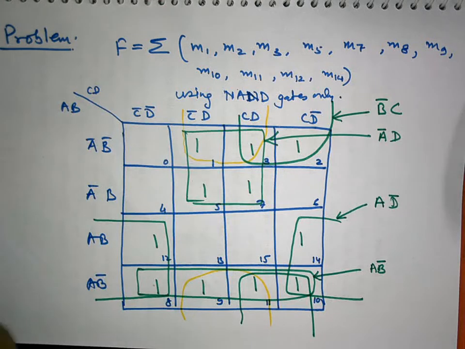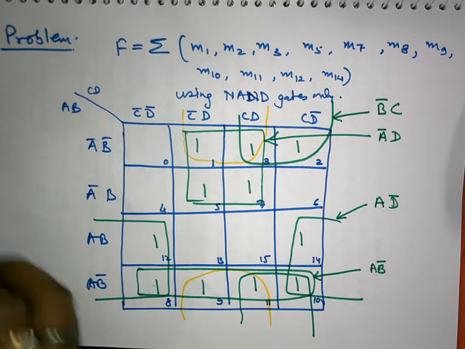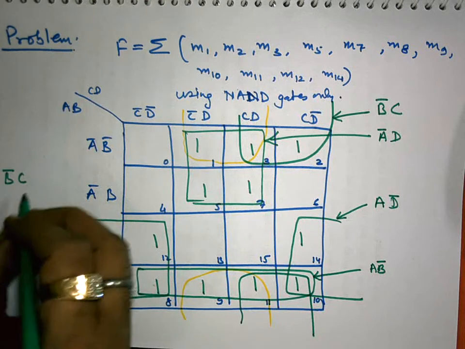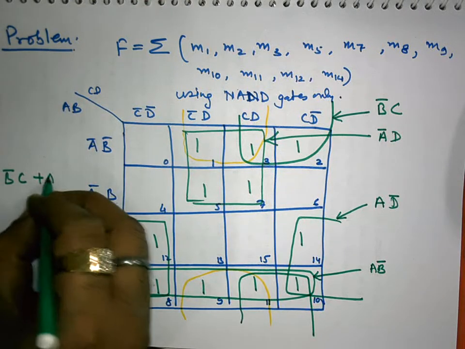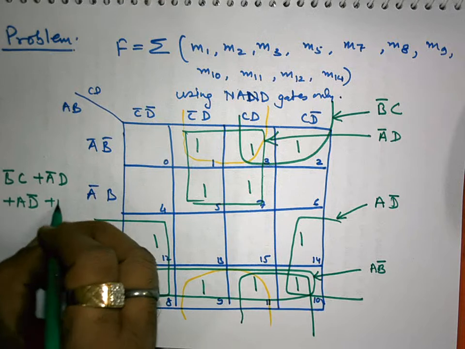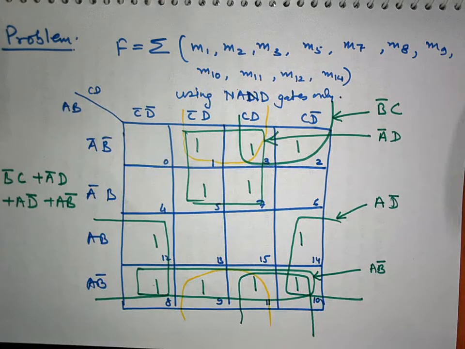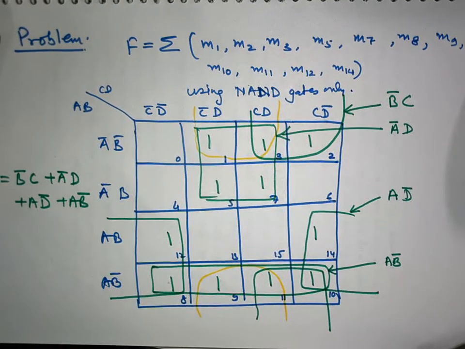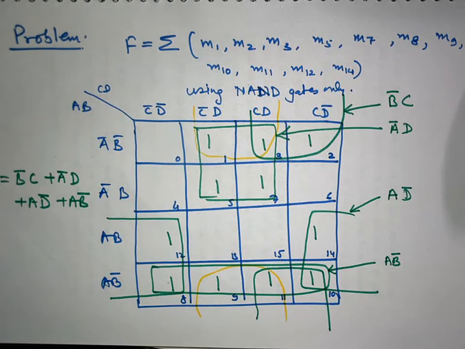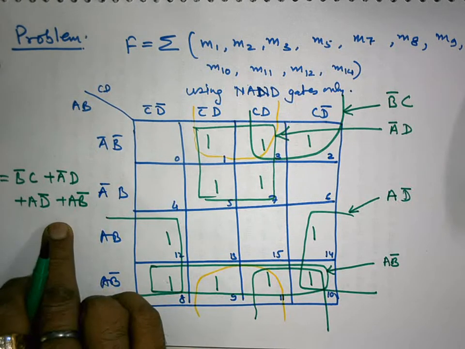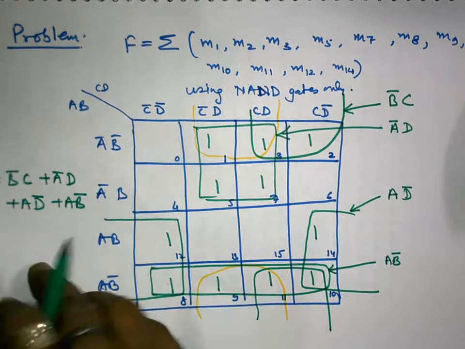Okay, so the reduced function is B bar C plus A bar D plus AD bar plus AB bar. Am I right? This is the reduced function. Okay, now we have to implement this using NAND gate.